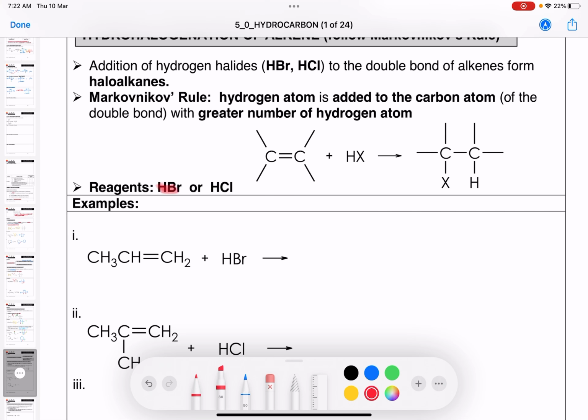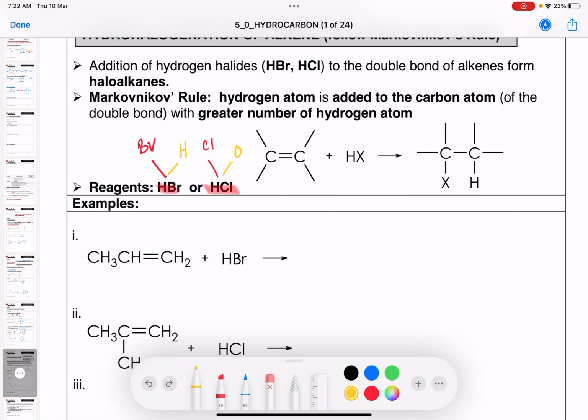Our reagent here is HBr or HCl, where we have bromine, we have Cl, and another one we have H, and this one OH.